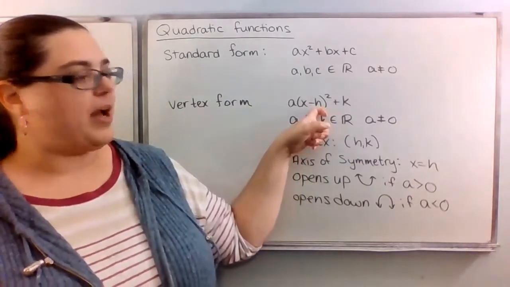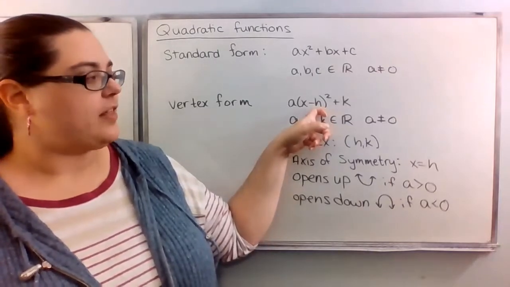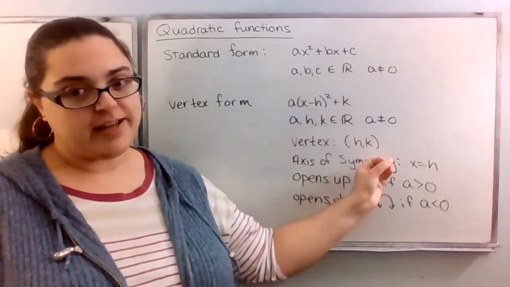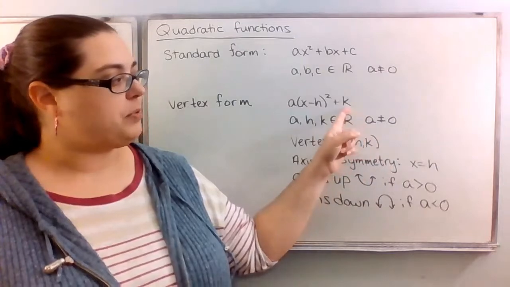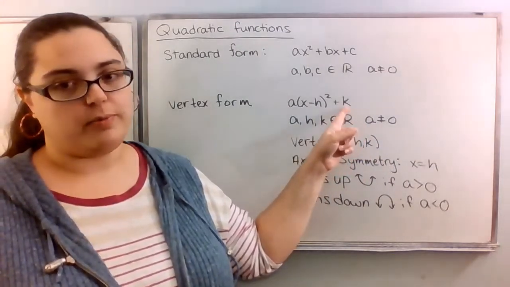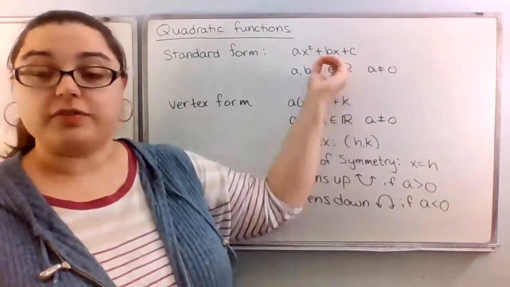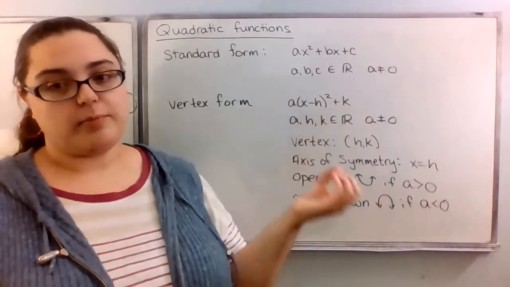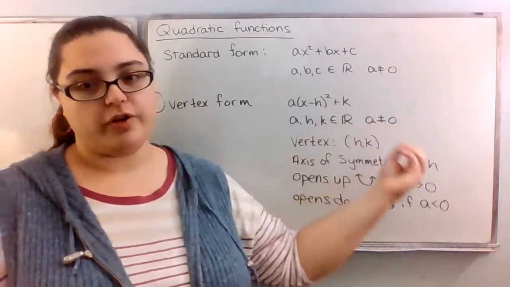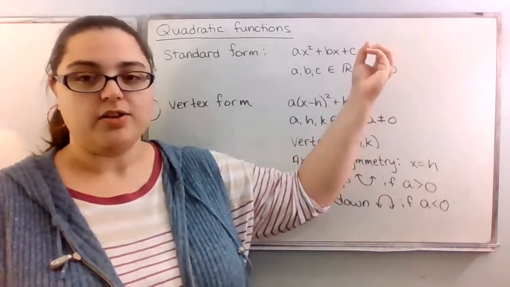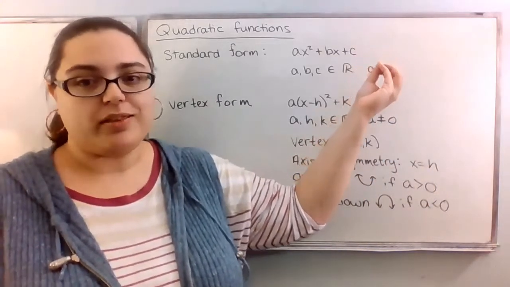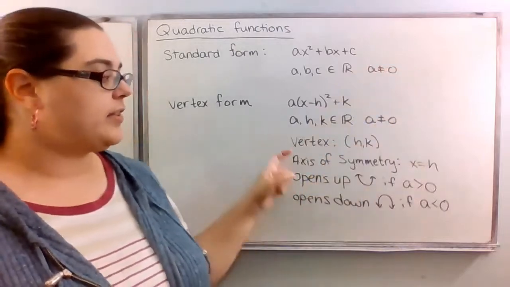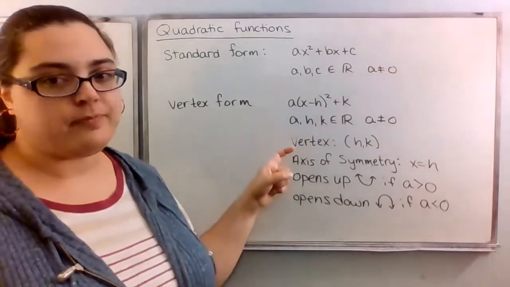If I had a positive h value, this would mean shifting to the right by h. And this plus k, because it's on the outside, would mean, if k is positive, shifting up. So this h and this k are going to take that (0, 0), move it over h, and up k. So that vertex is now going to be at the point (h, k). And that's where this is coming from.